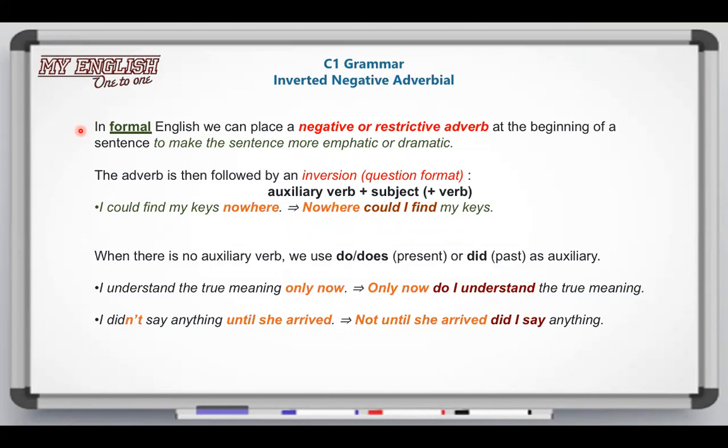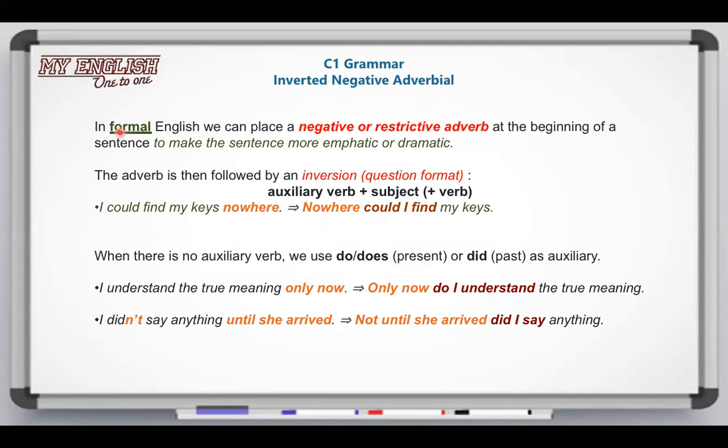This is very important. This happens in the formal aspect of English. When English is formal or academic, you will not find this in street language or colloquial, informal language. It actually sounds too, let's say, cheesy.